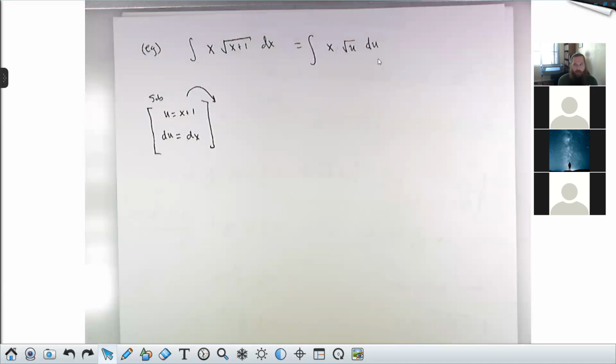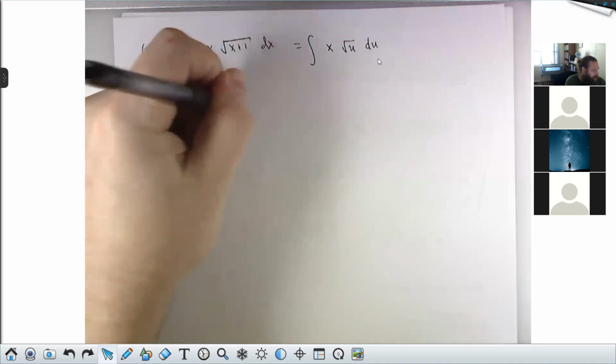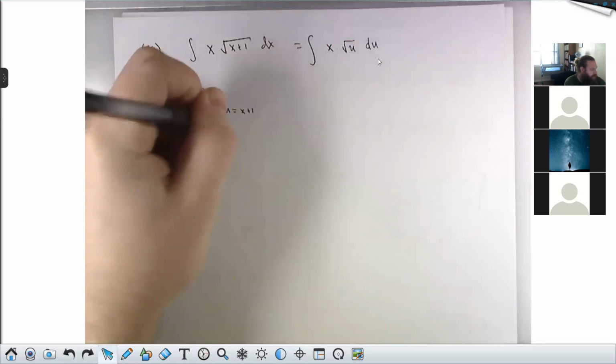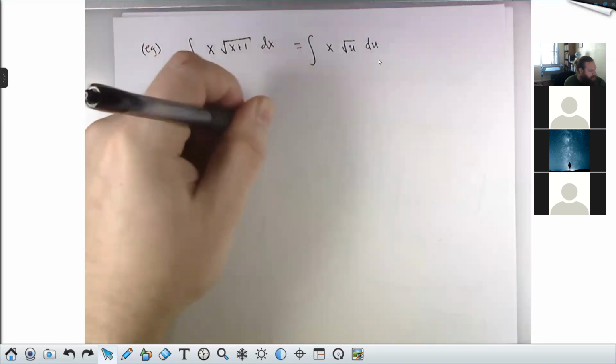I want to rewrite it in terms of this new variable. So if I'm only allowed to have u stuff in my new integral, no x stuff, any leftover x stuff needs to be re-expressed in terms of the new variable u, or whatever you choose to call your new variable. We've been calling it u. So if u is equal to x plus 1, that's equivalent to saying u minus 1 is equal to x.